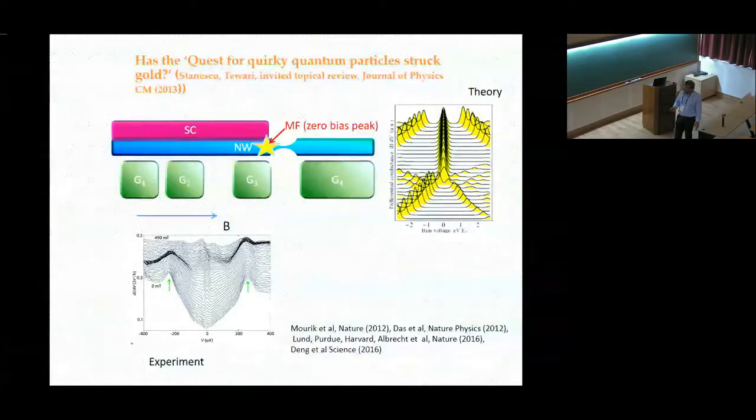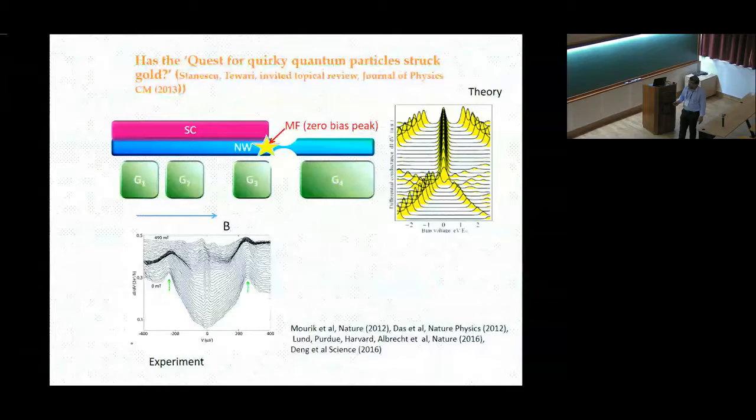And then the gates also help you control the chemical potential. You hope to be able to control the chemical potential in the nanowire by having these multiple gates. Then you apply the Zeeman field, and above a certain critical Zeeman field, the idea is that this Majorana fermion or Majorana zero mode is created, which you can probe by doing tunneling measurements.